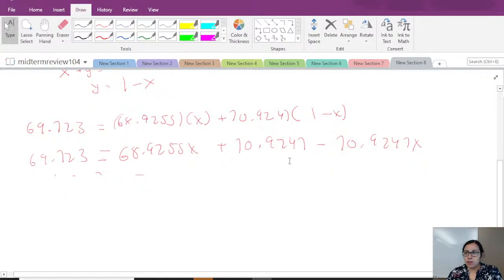So then I'm just going to subtract. It doesn't matter which order we do it in. I'll subtract 70.9247 on both sides.